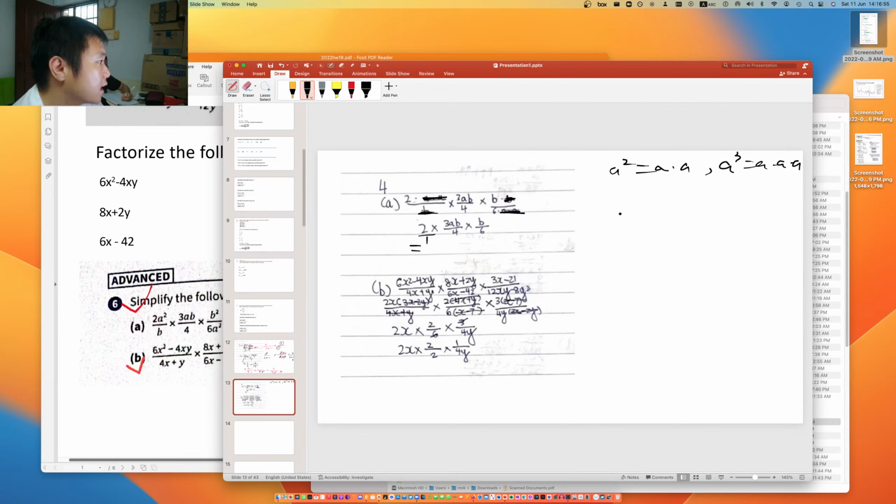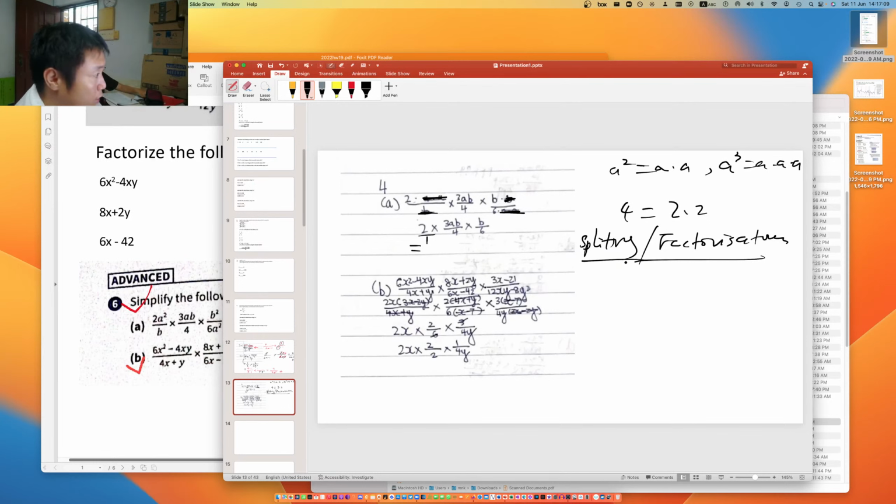By the way, the splitting, like 4 is equal to 2 times 2, this is also called factorization. Instead of splitting, it's called factorization as well. Okay? Then what do you get ultimately? Final answer.